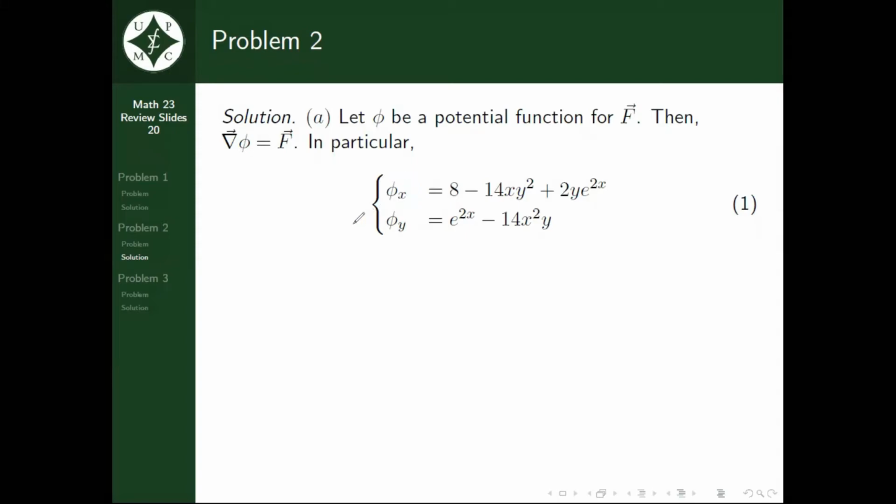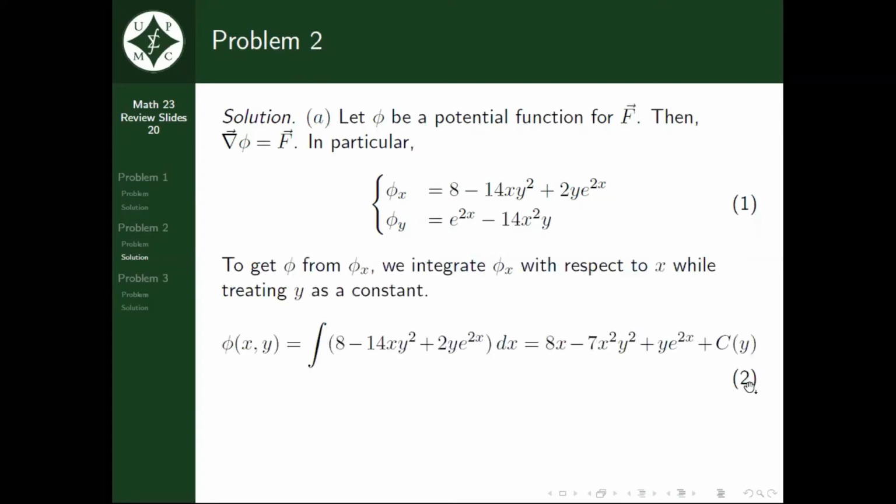So, that means we partially integrate, or integrate with respect to x. This will yield this one. Note that it's not only a constant c, but a function c of y alone. Why? Because if we partially differentiate this with respect to y, this should be the result.